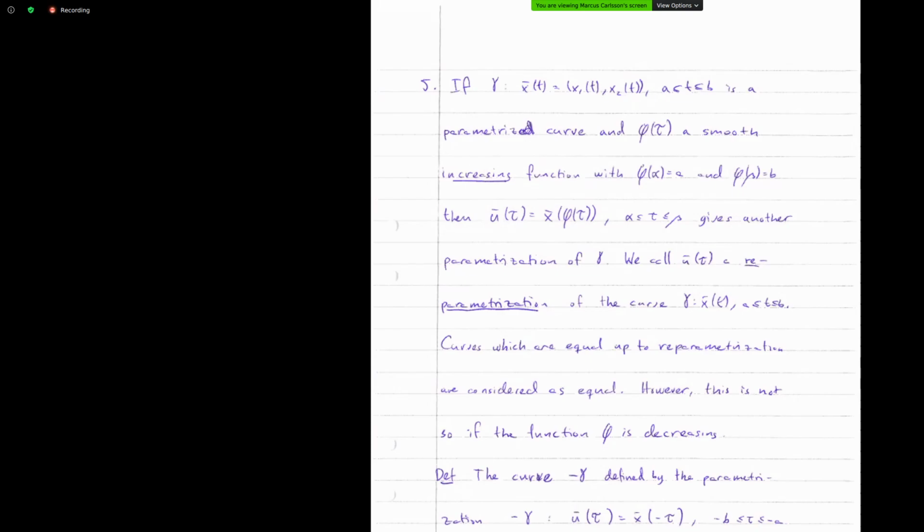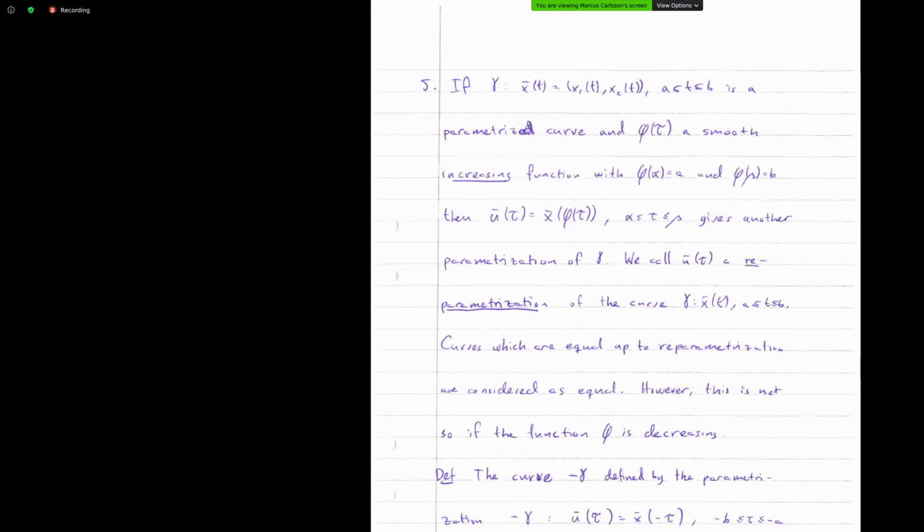Once you have one parameterization of your curve, you can make up other ones by throwing in bijections like this. In fact, it can be proven, we're not going to do it, but it's intuitive that all different parameterizations arise in this way. But now we come to this, that you can actually run this thing backwards.